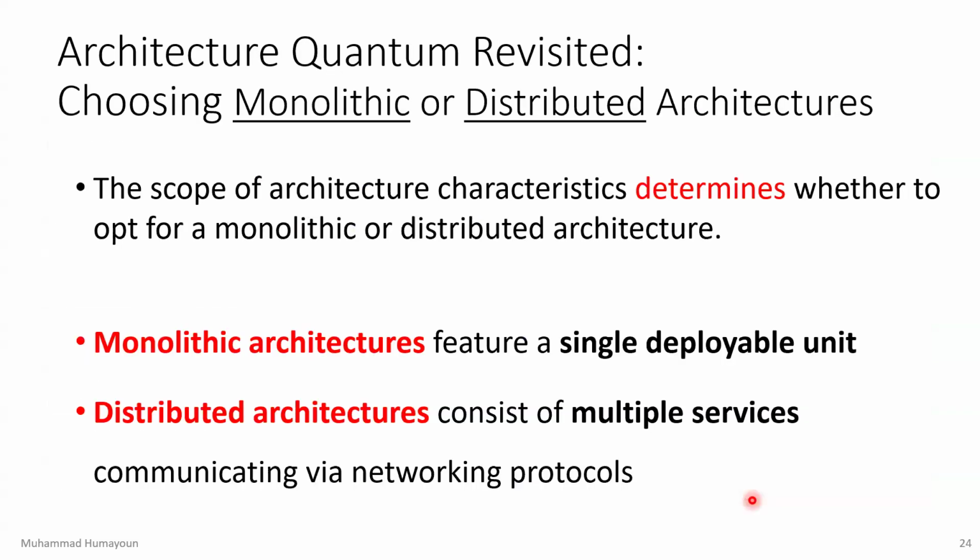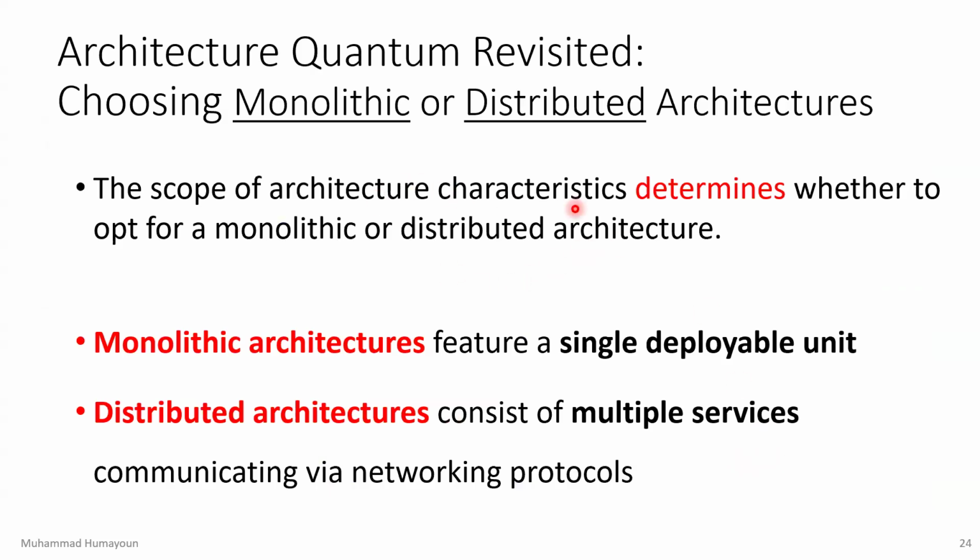So let us revisit what an architecture quantum is. So what should you pick, monolithic architecture or distributed architecture? Monolithic architecture means a single deployable unit, whereas a distributed architecture means that it consists of multiple services communicating via network protocols.